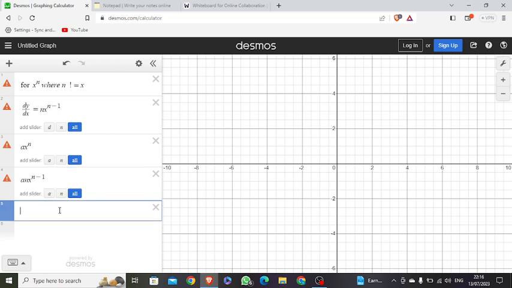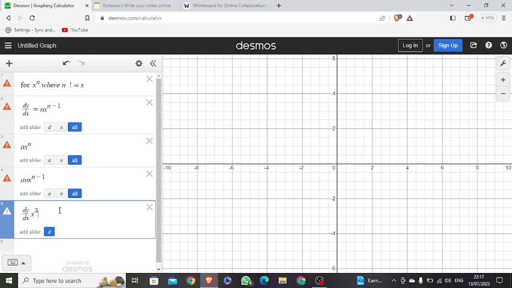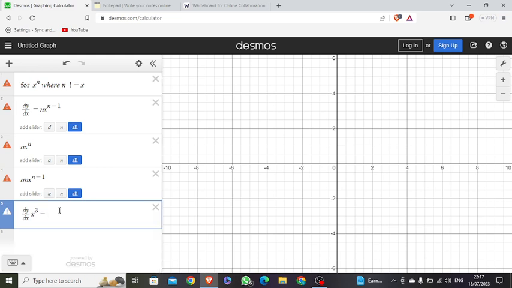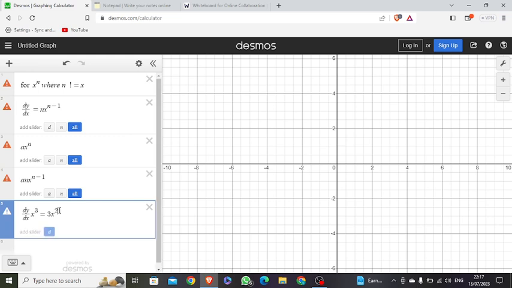Using that, the derivative of x cubed is dy over dx equals 3x squared.